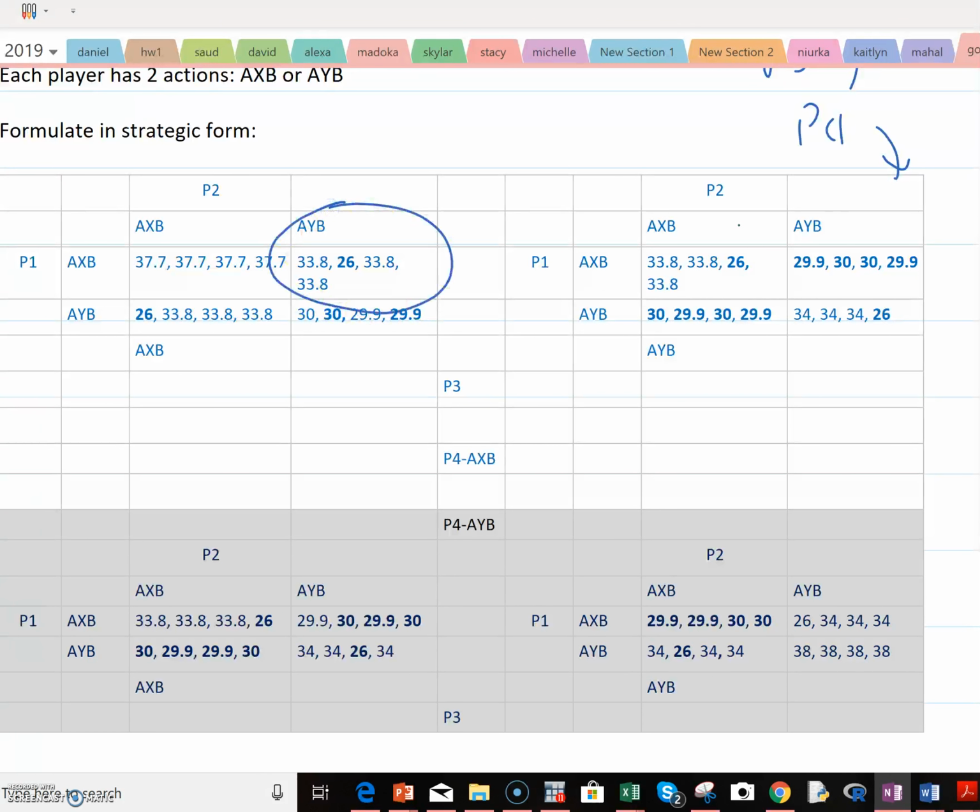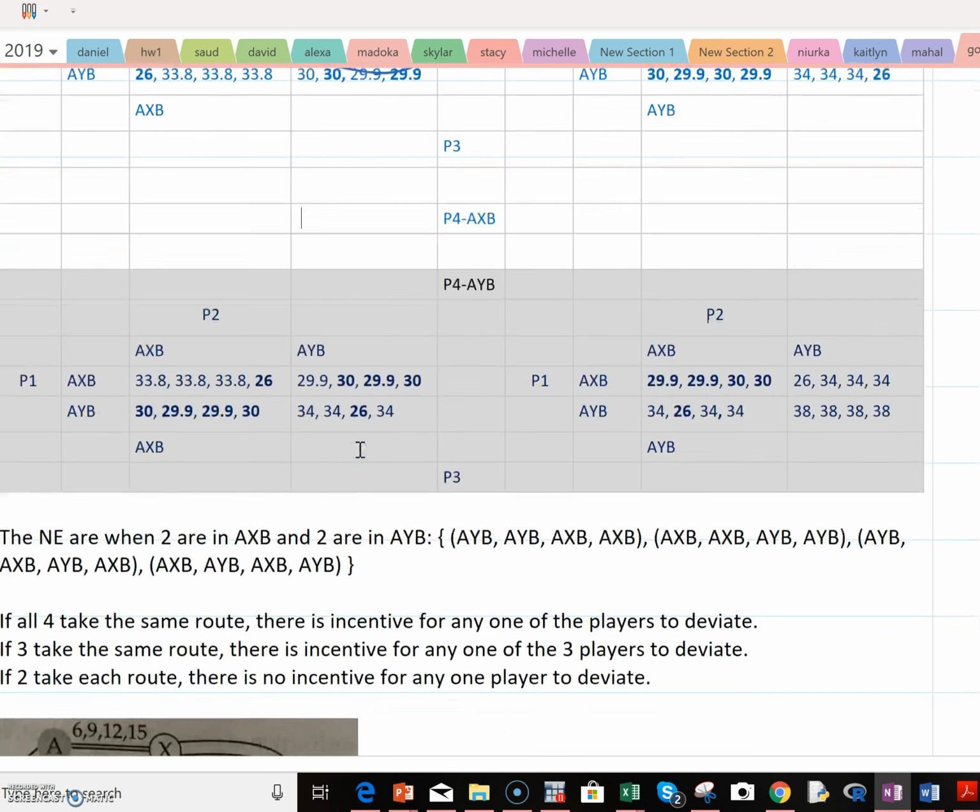Here, player 1 is using AXB, player 3 is using AXB, and player 4 is also using AXB, so they have the same travel time. And then only player 2 is using AYB. Now here, you see that player 1 has the incentive to deviate and go to AYB, and that will cut his travel time to 30. The same can be said of the other two players.